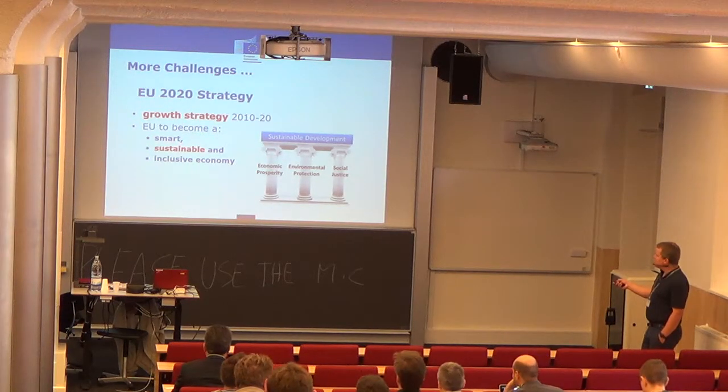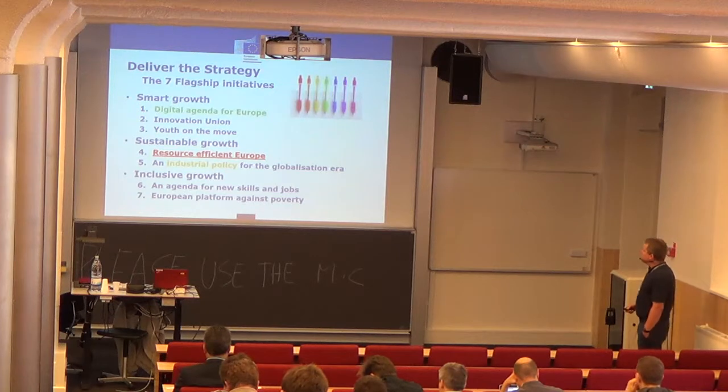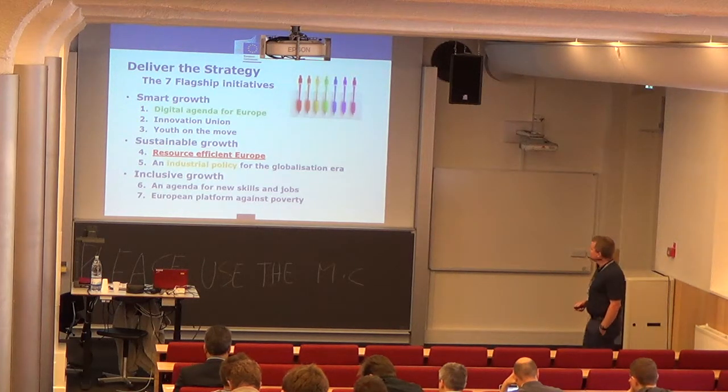I think this sustainable part is something which we can really support through the development of Inspire. And in sustainable development we actually have 3 pillars: economic prosperity, environmental protection and social justice. There are 7 flagship initiatives here.